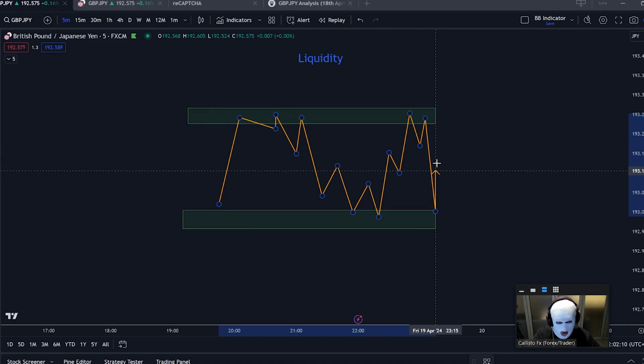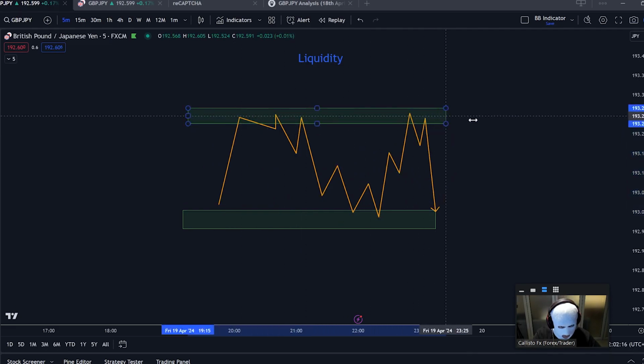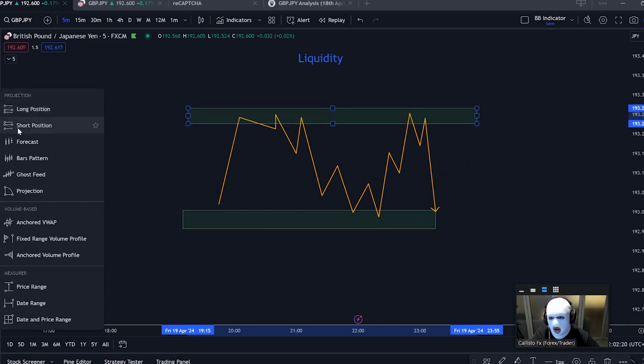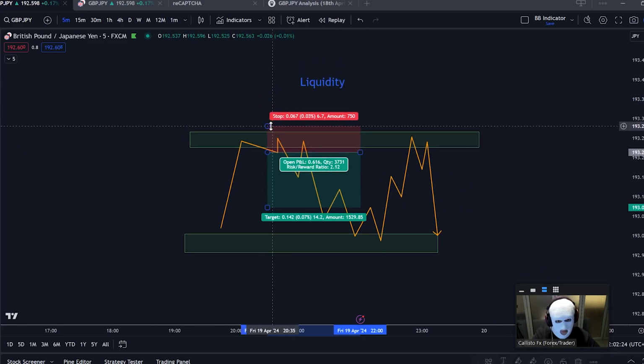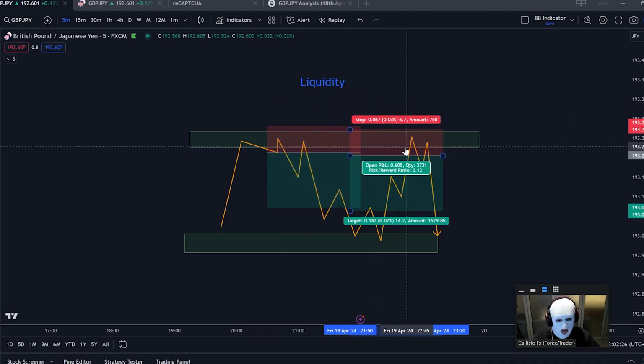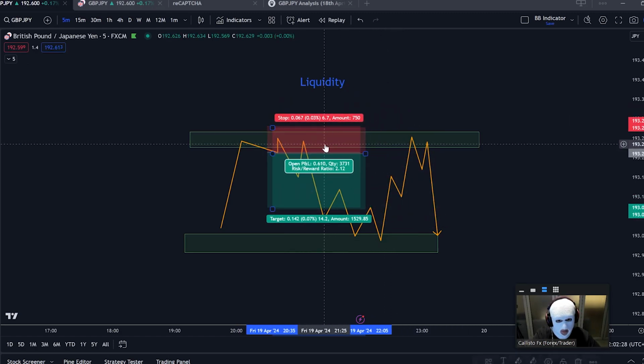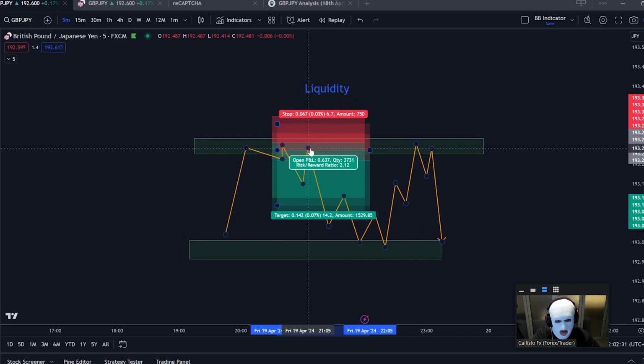We have a range. So now as you can see here, there are so many equal highs. These equal highs here are where a lot of people are placing their stop losses. Like this, for example, right? So many people are just placing their stop losses here and there, right?